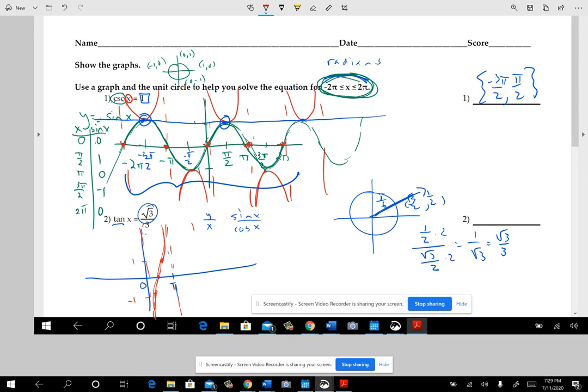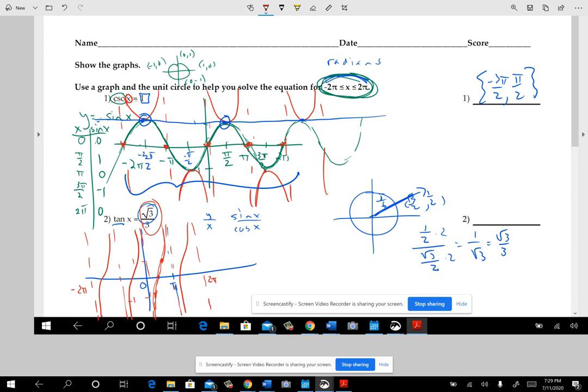So when you're over here at 2 pi, or over here at negative pi, or over here at negative 2 pi, you're going to have that same thing happening over and over again. So you'll have another one of these in here, another one in here, and another one over here. That's 2 pi, that's negative 2 pi. So we have to think about that square root of 3 over 3.